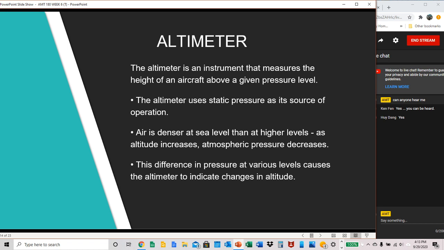Air is denser at sea level than at higher levels, and as altitude increases, atmospheric pressure decreases. So, some simple science there, and those are the laws that the altimeter works off of. This difference in pressure at various levels causes the altimeter to indicate changes in altitude.